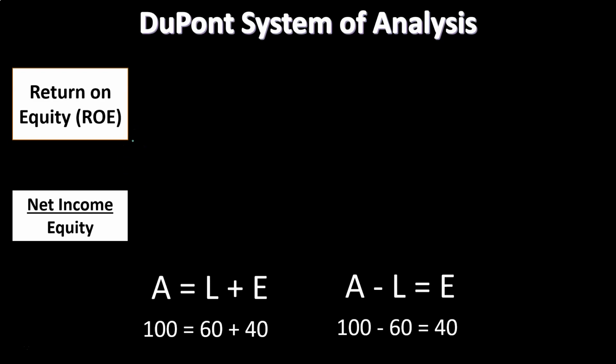Now, why is the return on equity such an important ratio in and of itself? For that, we could just consider the accounting equation first. The accounting equation is assets equal liabilities plus equity. Remember that the assets are what the company has. The liability and equity represents who has claim to those assets, or otherwise known as basically the financing of the assets.